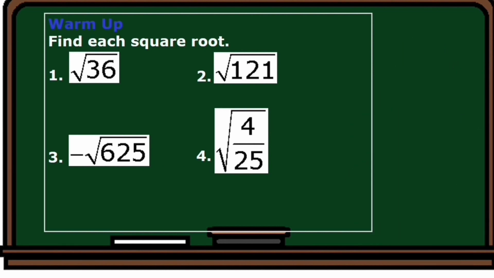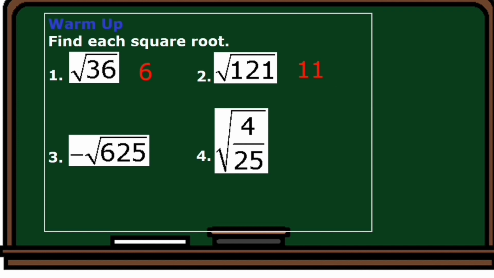Find each square root. Number 1. Square root of 36. What is the square root of 36? That's correct. It is 6. Number 2. What is the square root of 121? That is correct.